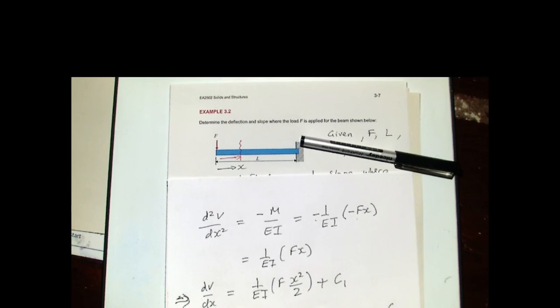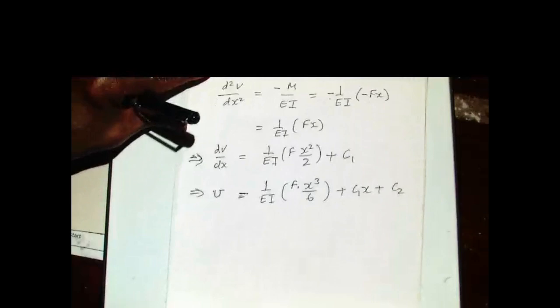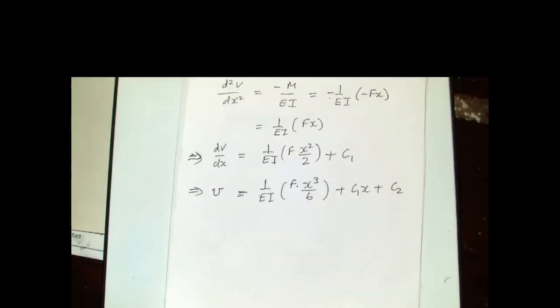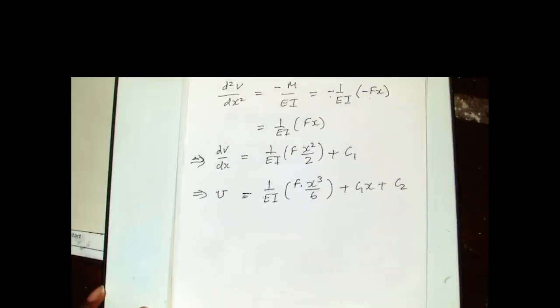So when x equals L, the deflection V has to be 0. When x equals L, the rotation, which is dv dx, has to be 0, because that support is what is called a built-in support. No deflection, no rotation. Those are the two main conditions that we need, and we will use them to find C1 and C2.